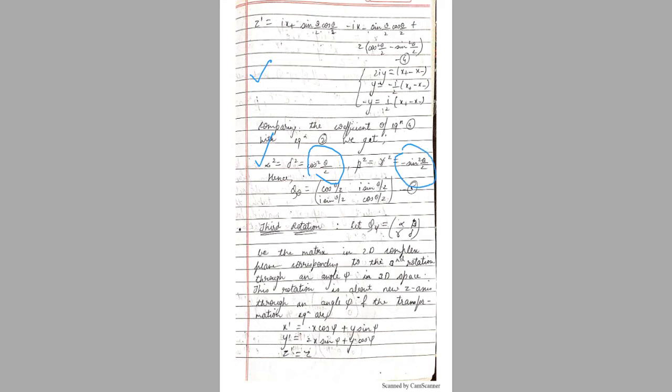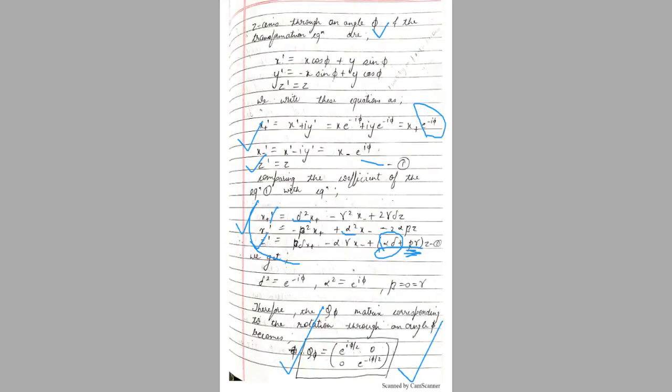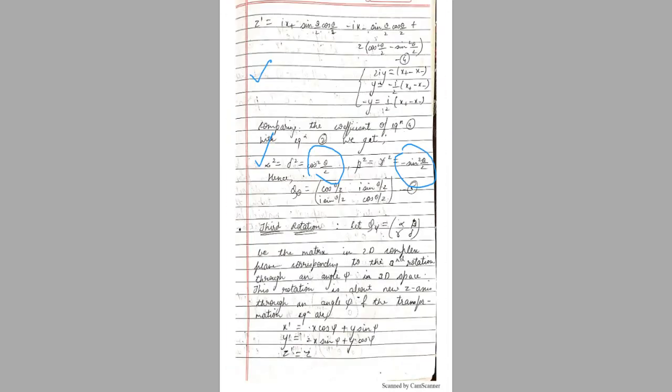When you compare the x dash, y dash, z dash that you have obtained here to these equations, you will clearly understand that we have the values of alpha square, delta square, beta square, and gamma square. I will take the corresponding roots and get the values of alpha, beta, gamma, delta, and those are nothing but my Cayley-Klein parameters.